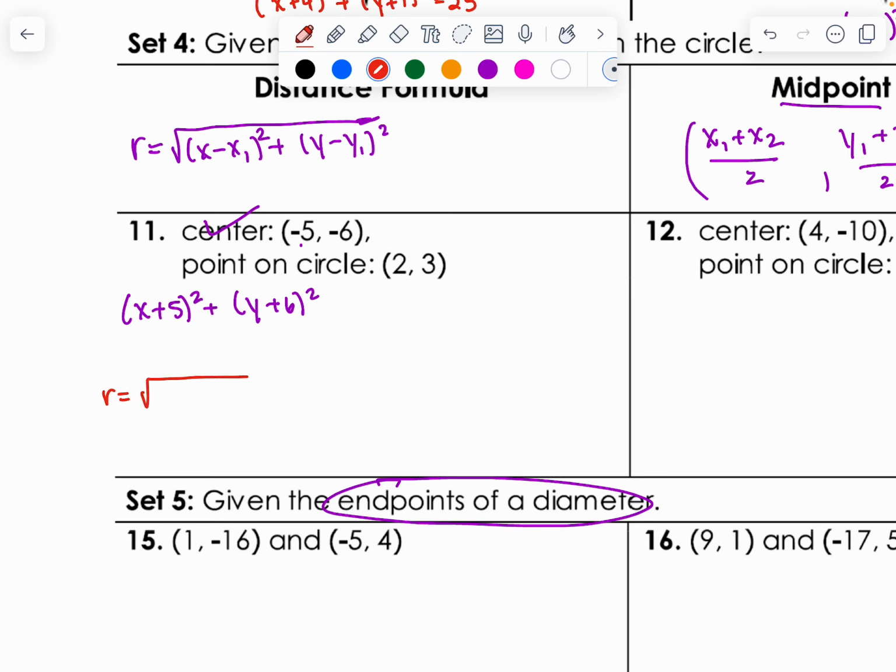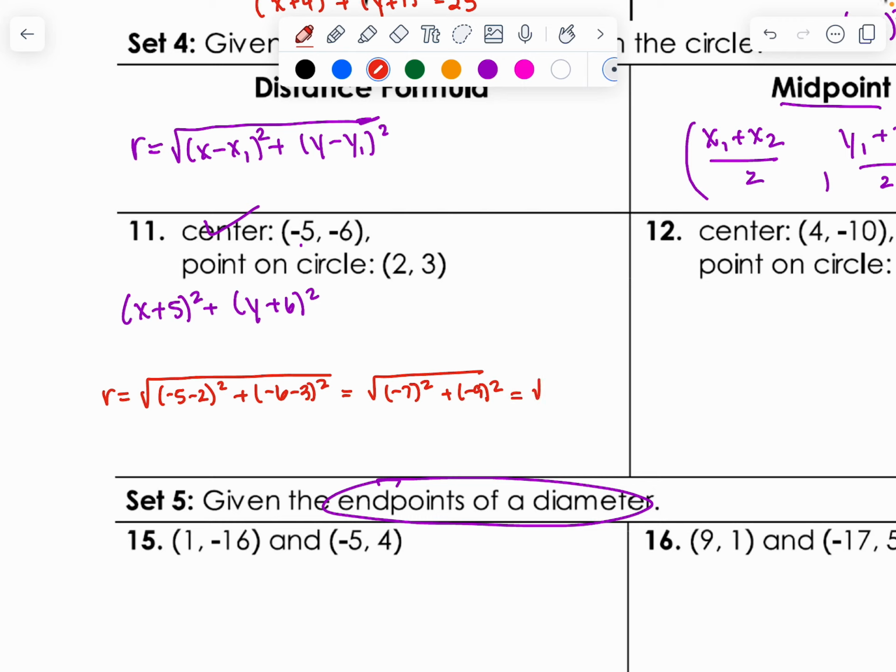So that's going to be the square root of, and it doesn't matter which way you go as long as you subtract in the same direction, just being careful. So if I do negative 5 minus 2 squared plus negative 6 minus 3 squared, that's going to clean up to be negative 7 squared and negative 9 squared.